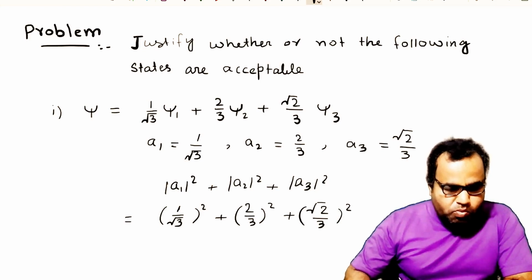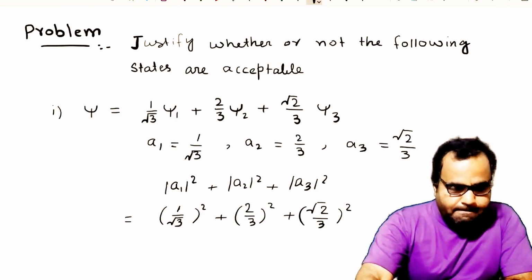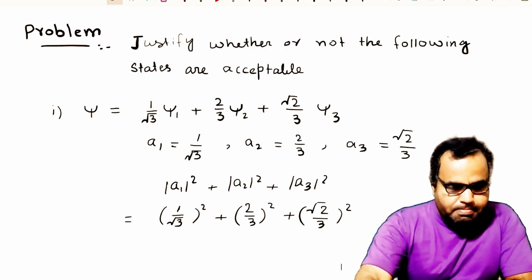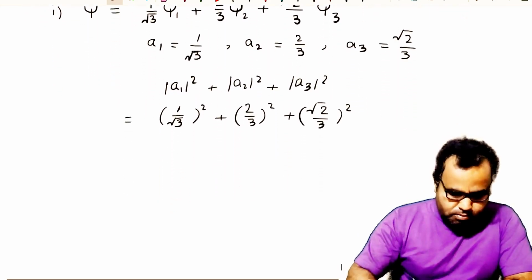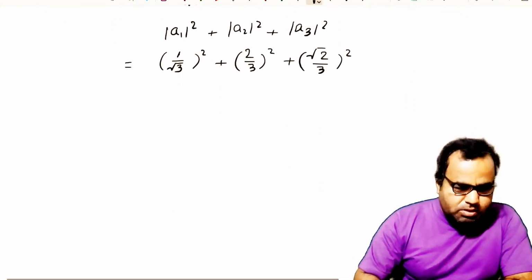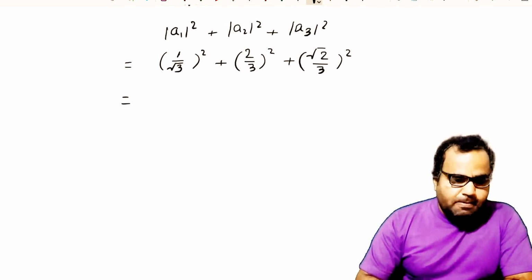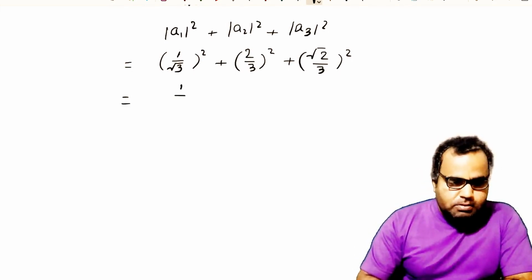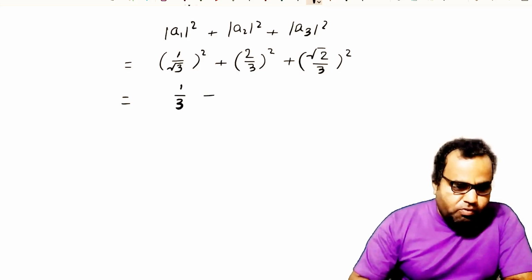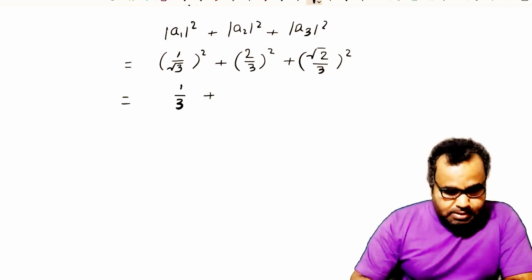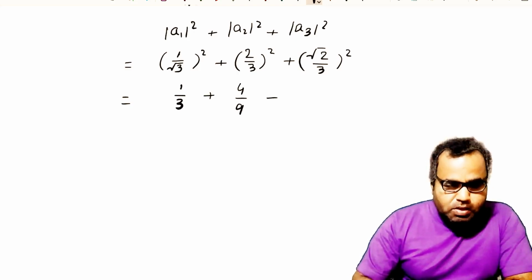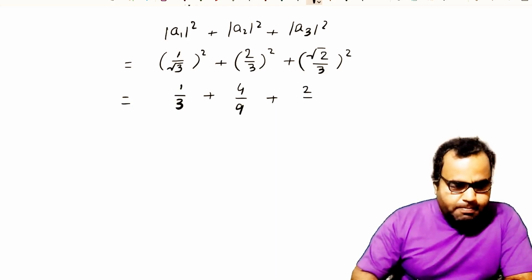So 1 over root 3 squared is equal to 1 over 3, plus 2 over 3 squared is equal to 4 over 9, and similarly root 2 over root 3 squared is equal to 2 over 3.